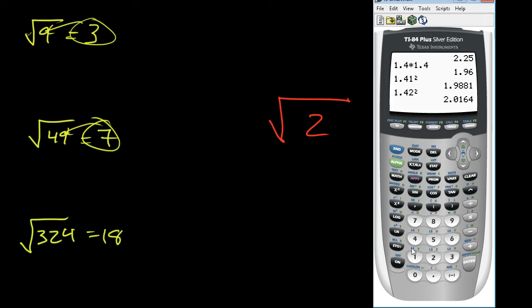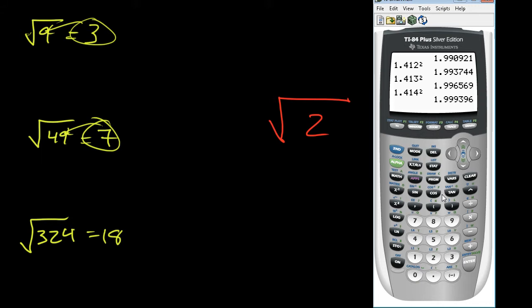That's a little more than 2, so it's got to be in between those. Maybe 1.415. A little too much. 1.411. Too little. So 1.412, we'll try that. Getting closer. 1.413 maybe. Getting closer, 1.414.